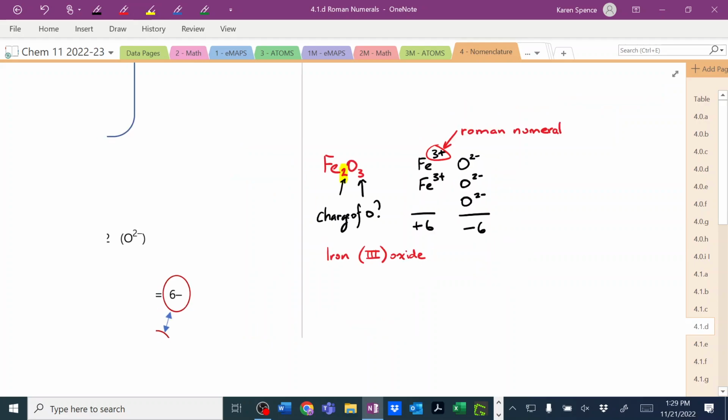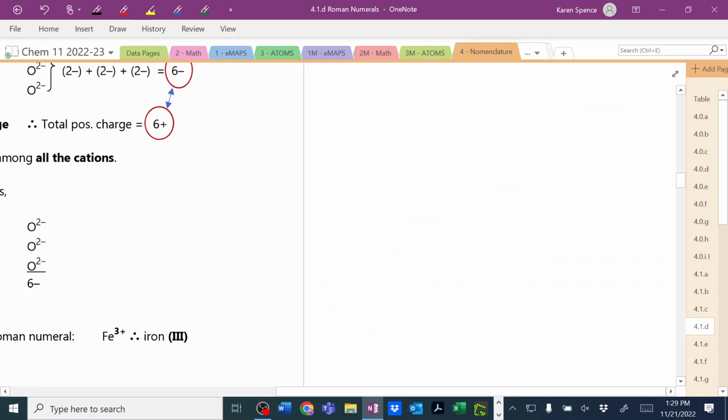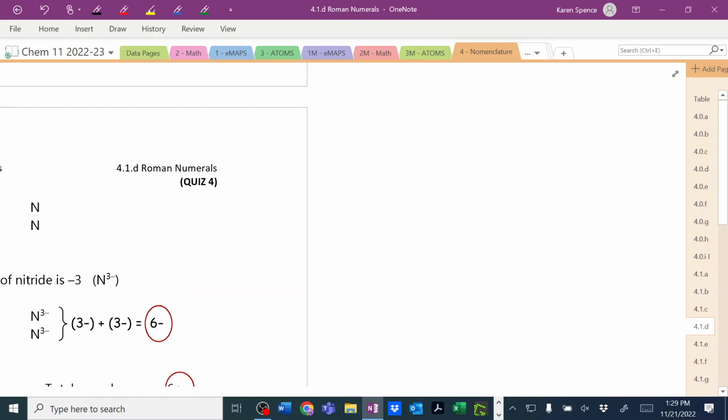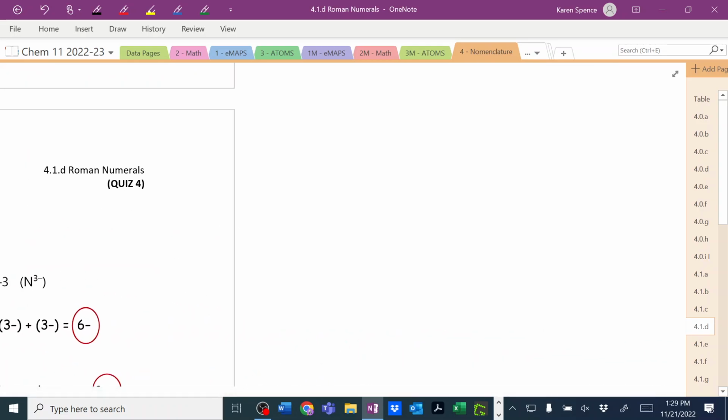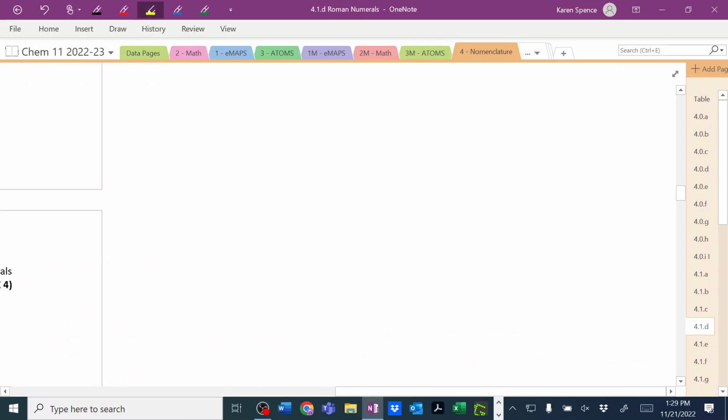Okay? So our next one, what have we got? Cu3N2. Would we like to name this copper 3 nitride? Do we like that?